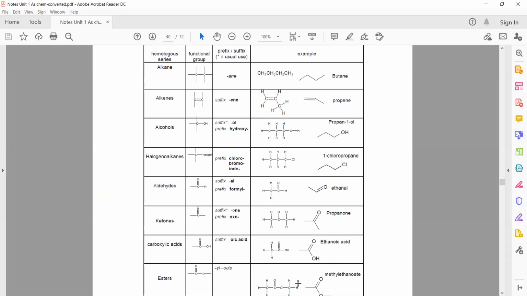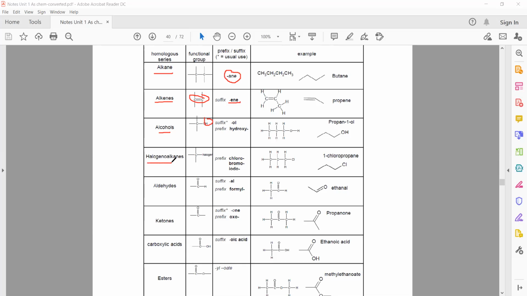These are some functional groups. You have to learn this table. For example, if we have an alkane, homologous series alkane, it means carbon-carbon single bond is there, the name should have ANE. If a double bond is there, the name should end in ENE. If OH is there, as a suffix, meaning what is coming at the end, it's ol. But if you use a prefix, then it will be hydroxy.